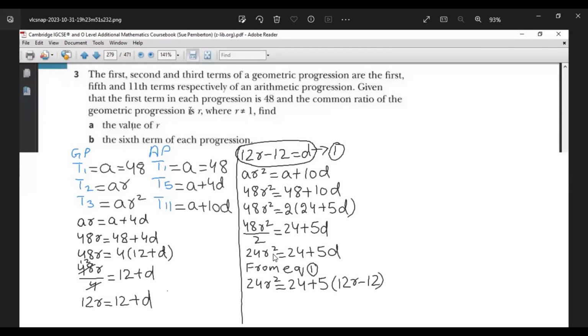Okay, so 24 R square equals to 24 plus this 5 multiplied by 12, it will become 60R minus this 5 multiplied by this 12, it will become 60 over here.